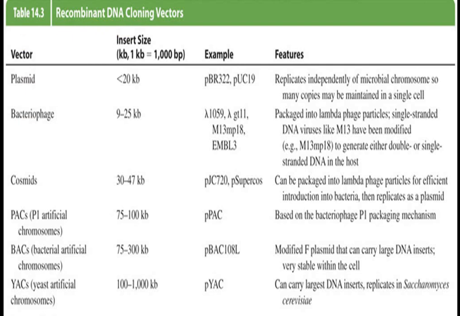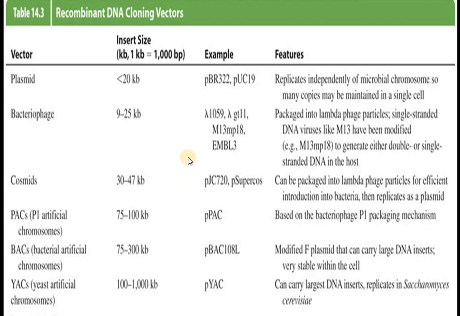So here are vectors and their insert sites and features. This chart is important for GPAT, NIPER and all kinds of exams. In a plasmid, less than 20 kb of DNA can be inserted. In the case of bacteriophage, up to 25 kb can be inserted.